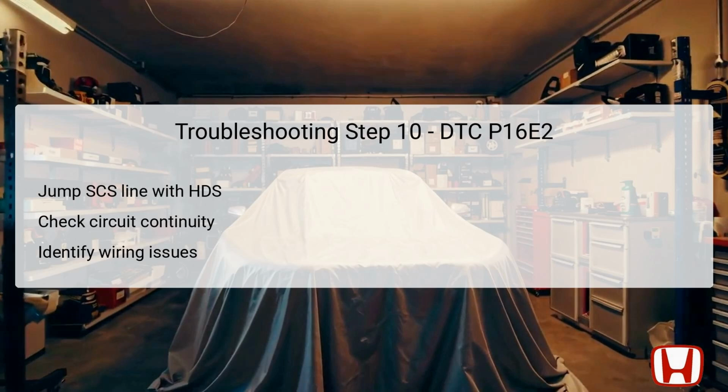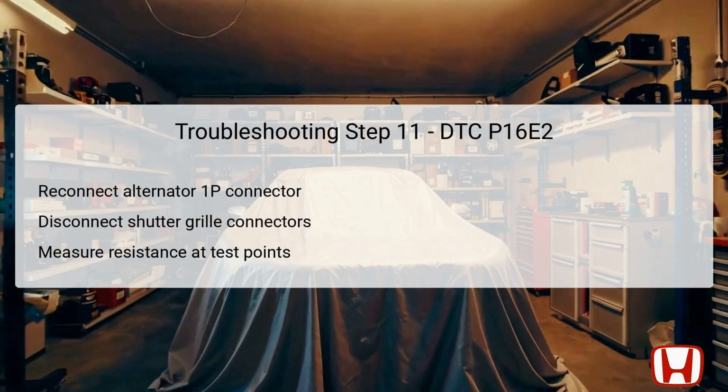If continuity stops when disconnecting any connector, it implies that the LIN wire itself is functioning correctly. However, if continuity persists through the disconnection of all connectors, it indicates potential wiring issues across the LIN wire, which would require repairs or reconnections. After pinpoint testing, reconnect the alternator 1P connector once more to continue diagnostics.